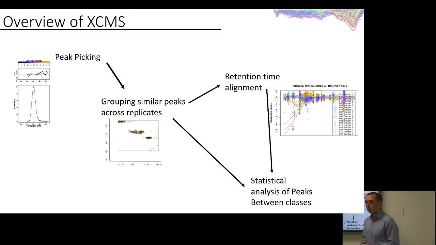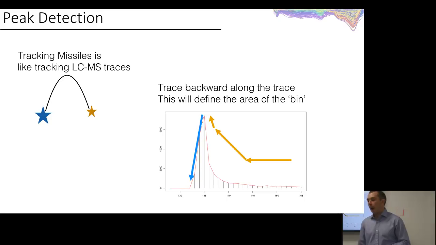So let's take a quick look at what some of those algorithms are actually doing behind the scenes. As you go through, one of the first things to know is that peak detection is actually quite a difficult thing for the computer to do.